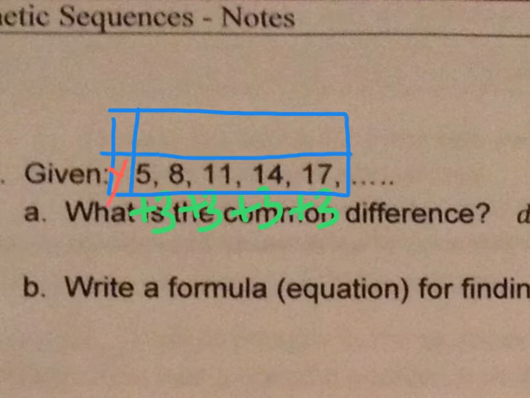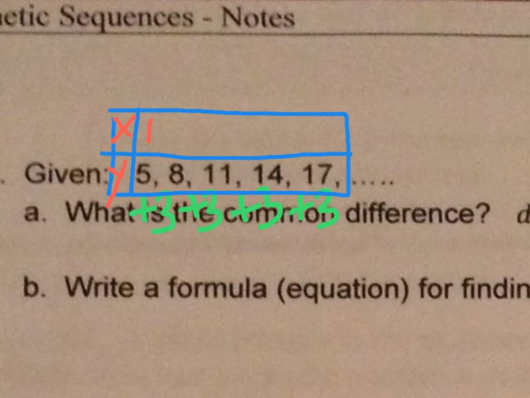So this is y, what we're given. Now we need to figure out what is x. X will always be the n, whatever is the number of the sequence, or the position number of the number in the sequence. So 5 is the first term in the sequence. Therefore, the x value that goes with 5 is 1. 8 is the second number in the sequence.